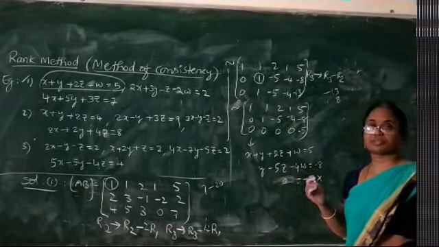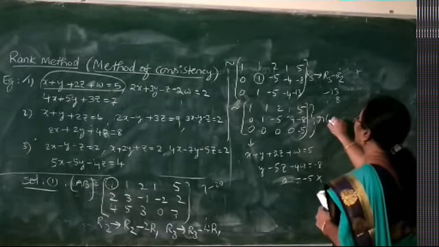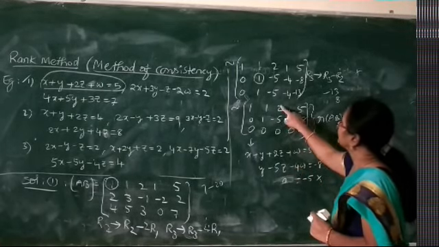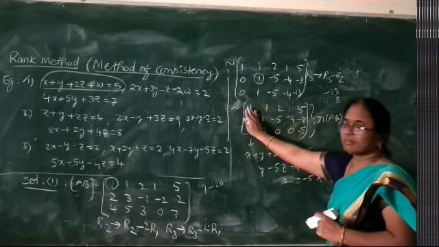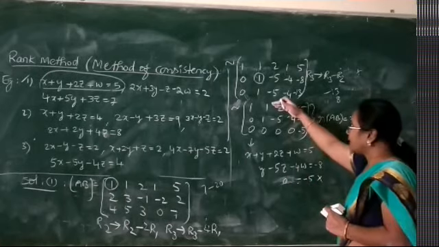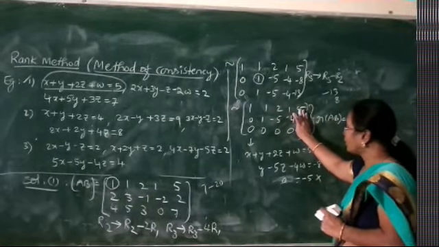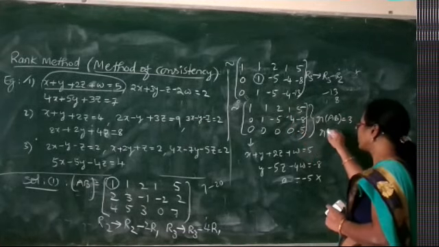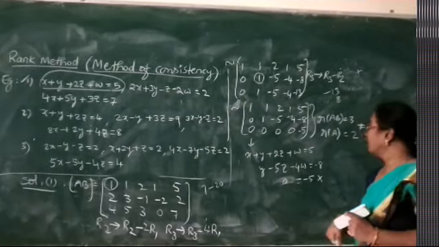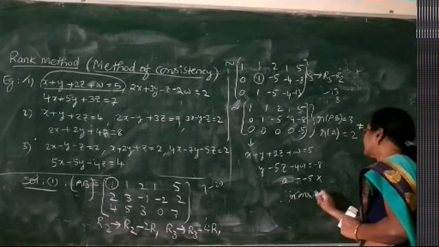Here itself we can understand, or otherwise we can also say from the echelon form, the rank of the augmented matrix is 3, as there are 3 non-zero rows. The rank of A, hiding the last column, has only 2 non-zero rows, so the rank of A is equal to 2. The two values are not equal, and therefore we say that the system is inconsistent.